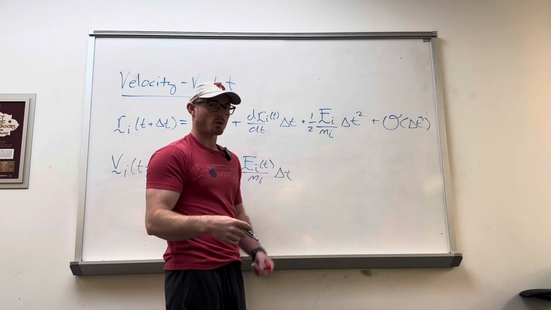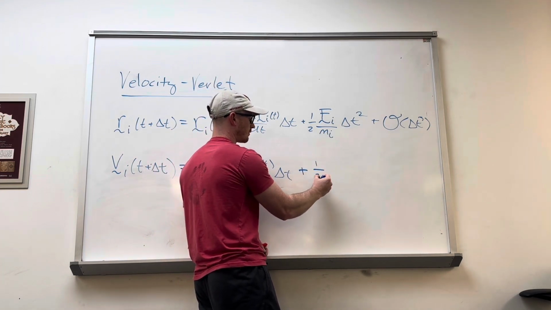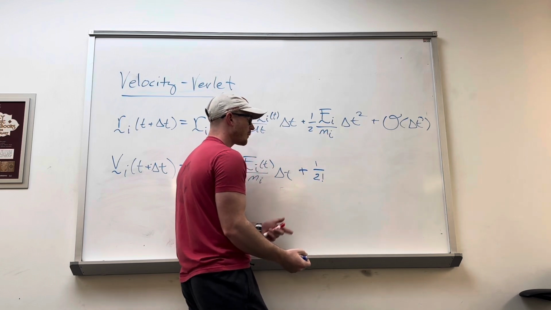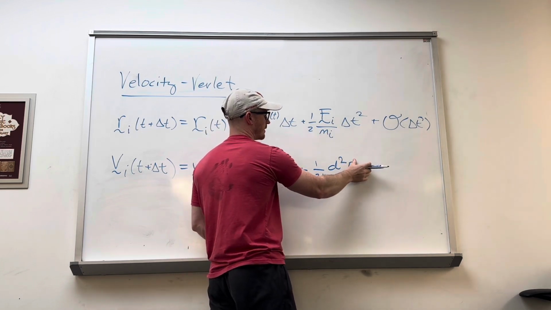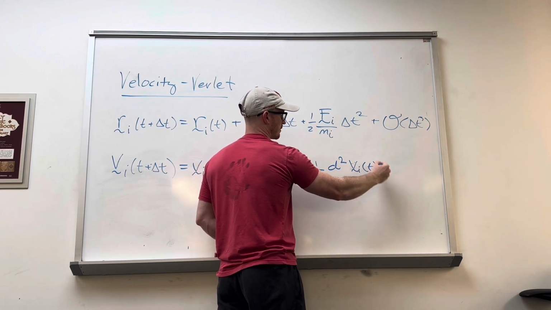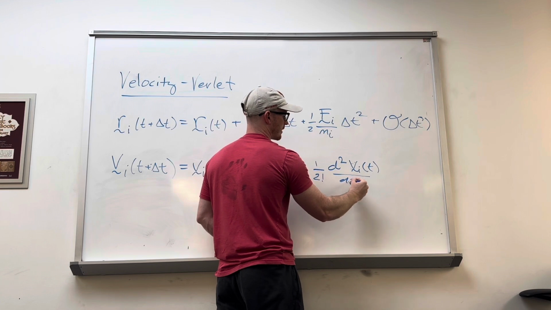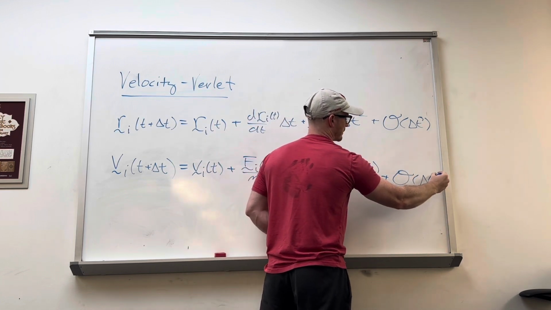Now we're going to go one term further, like we did in the position, 1 over 2 factorial. Now we have the second derivative of v, dt squared. And then we're going to cut it off. Delta t cubed.